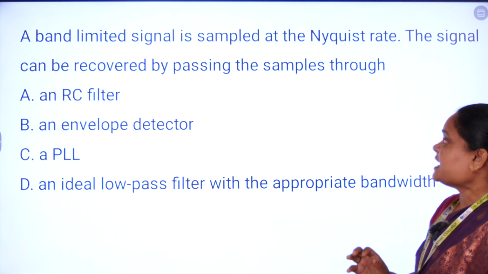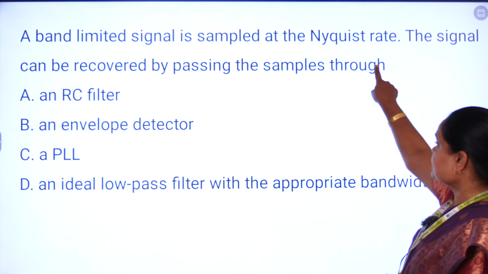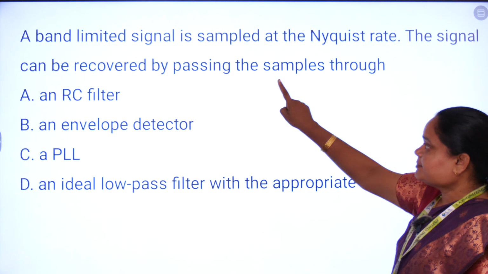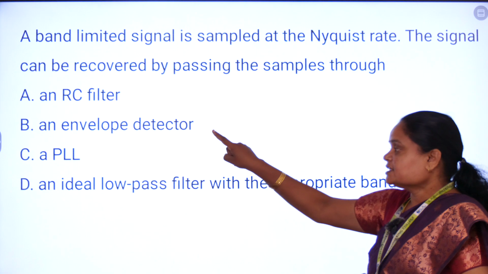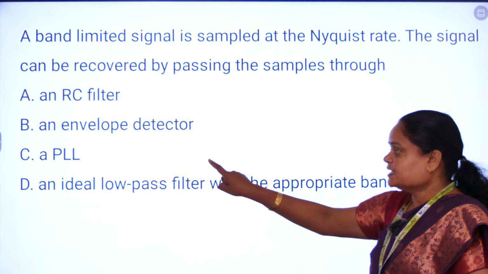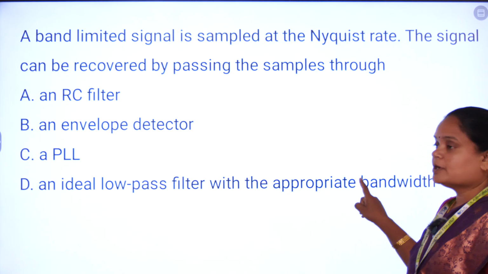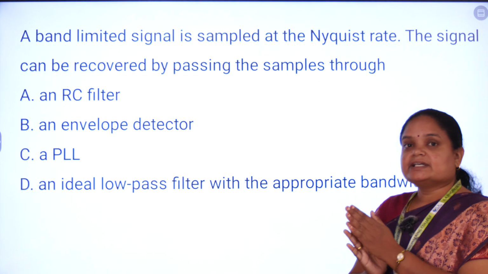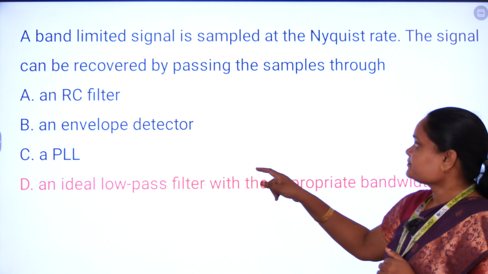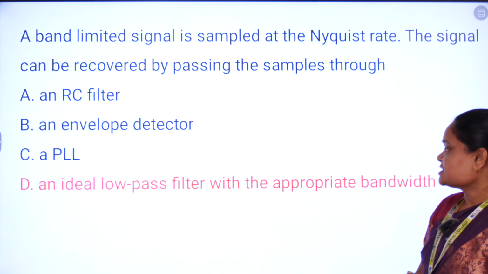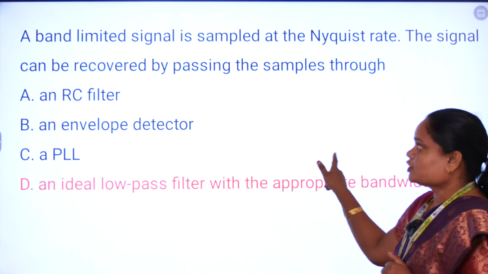The next question: a band limited signal is sampled at the Nyquist rate. The signal can be recovered by passing the samples through an RC filter, envelope detector, PLL, or ideal low pass filter with appropriate bandwidth. Usually we prefer a low pass filter before the sampling, so an ideal low pass filter with appropriate bandwidth is the correct option.